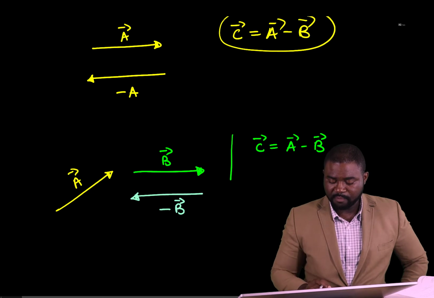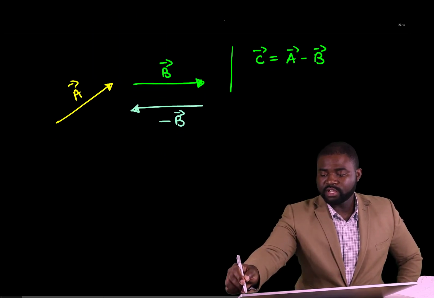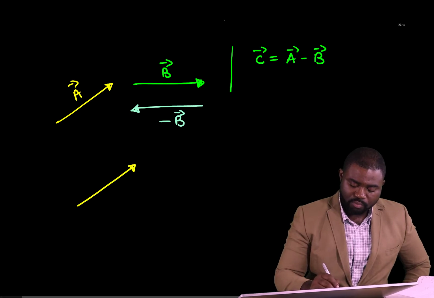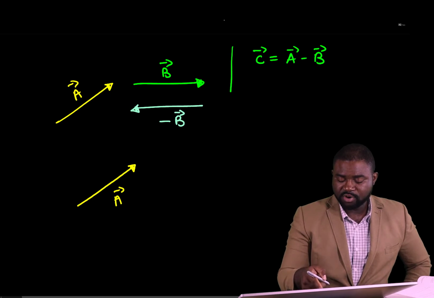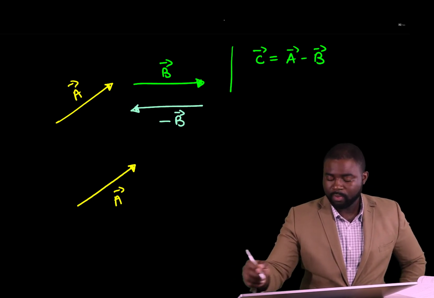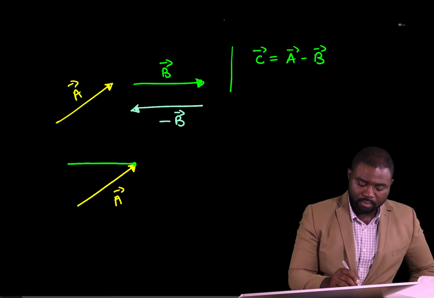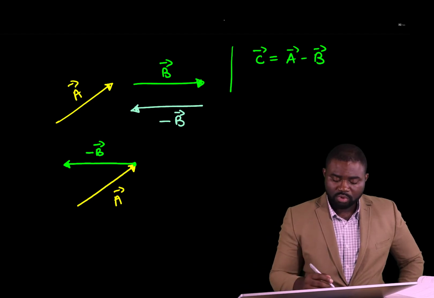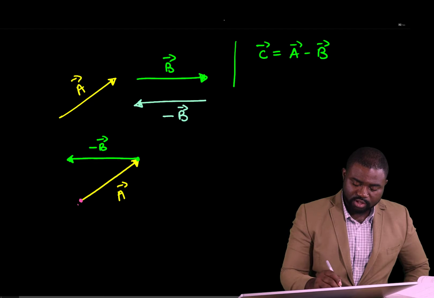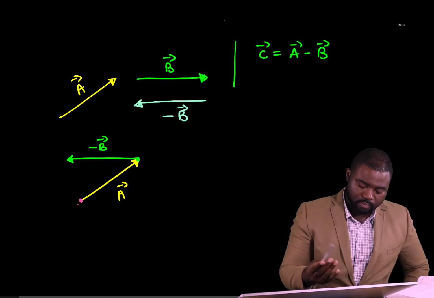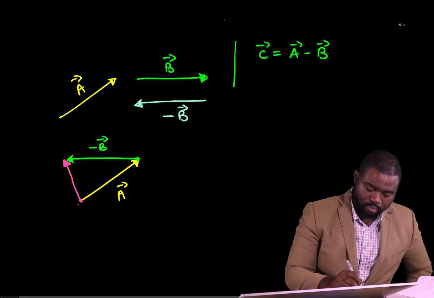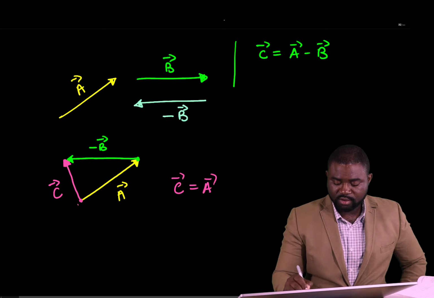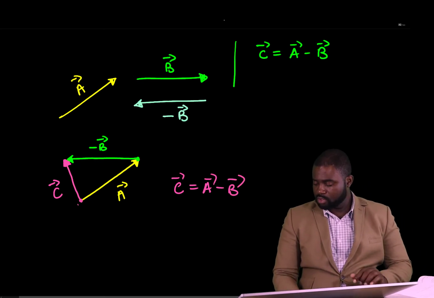So this is vector minus B. And if that is true, then our vector addition will just be, we start with vector A. We place the tail of minus B on the tip of A. This is minus B. Then the resultant will be a vector from the tail of A to the tip of minus B. So this will be C, where C is equal to A minus B.